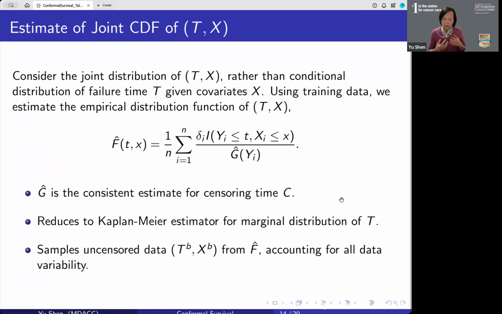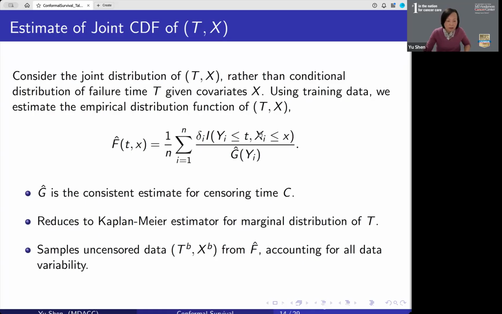So we consider the joint distribution. Also in conformal inference, we're dealing with the joint distribution of T and X rather than conditional on X to model T. So using training data, we estimate the empirical distribution function.